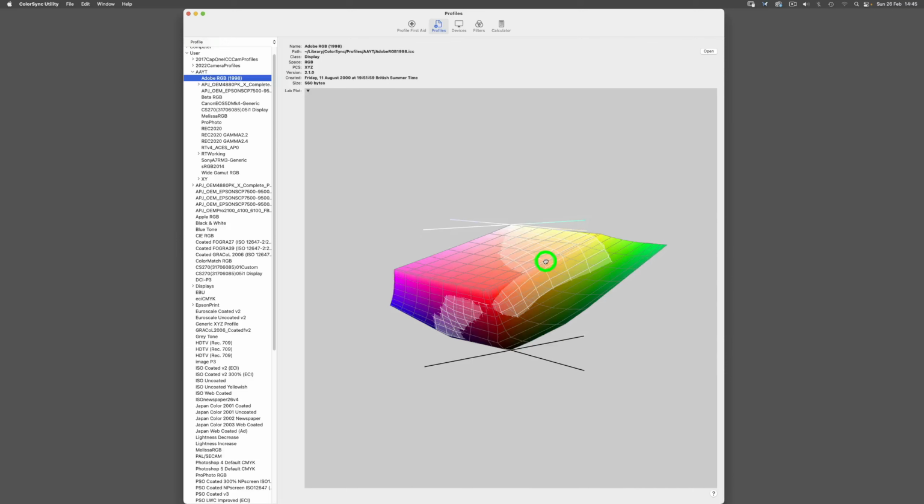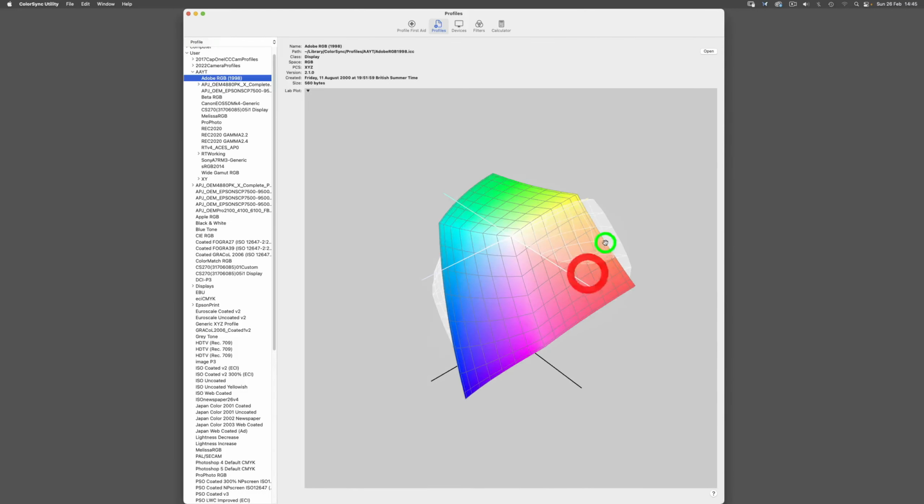So we can fundamentally get more saturation and more tonal range out of these colours on this printer than we can actually hold within the Adobe RGB colour space. That doesn't sound like a very good plan, does it? Because you've spent a lot of money buying this printer and you're not using it to its fullest potential.